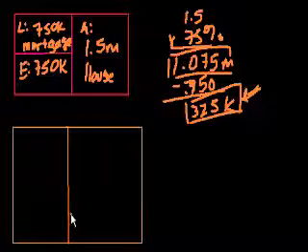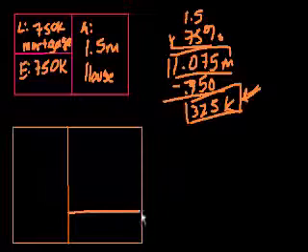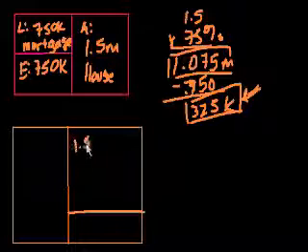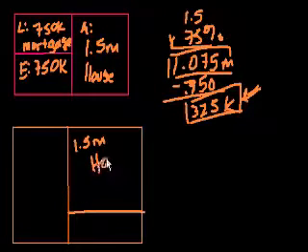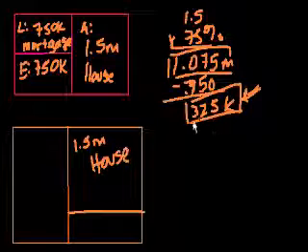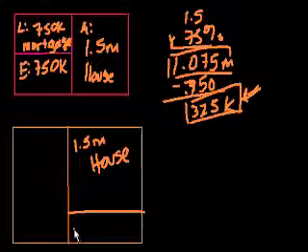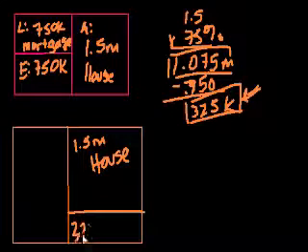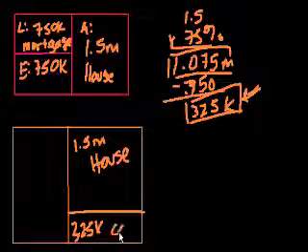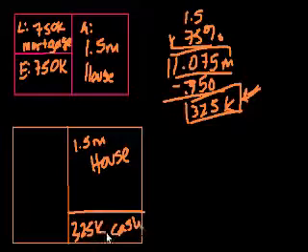Now I have a $1.5 million house, and I also got $325,000 cash from the bank. So we could call that 325K cash, got it from the bank.